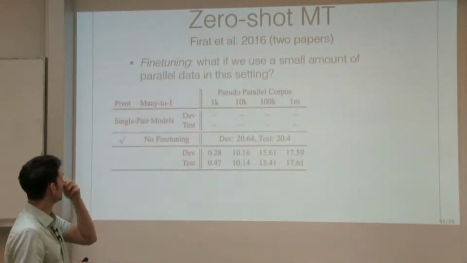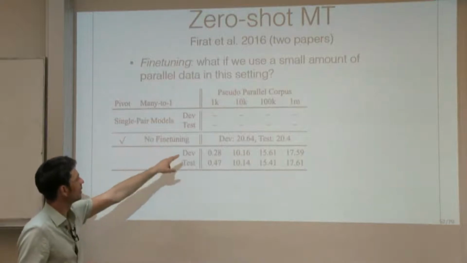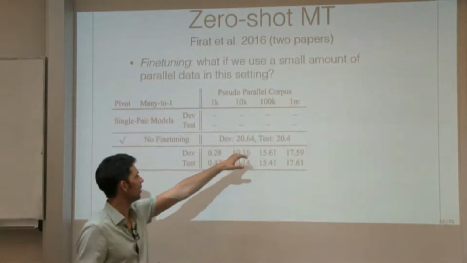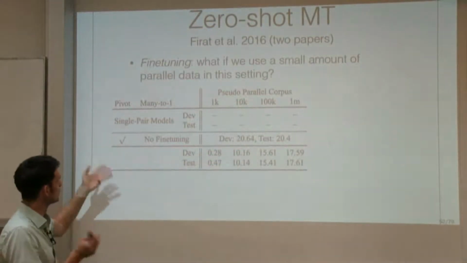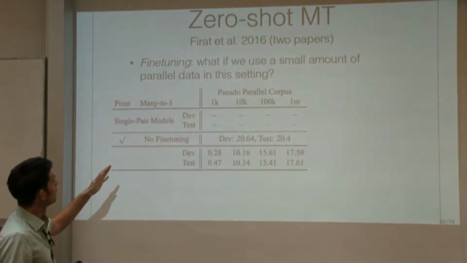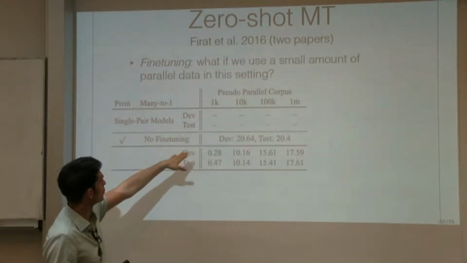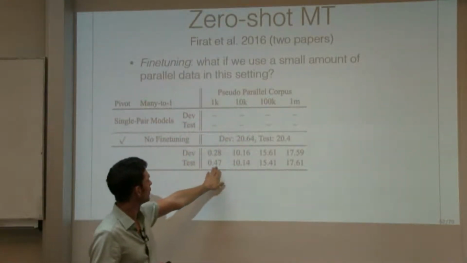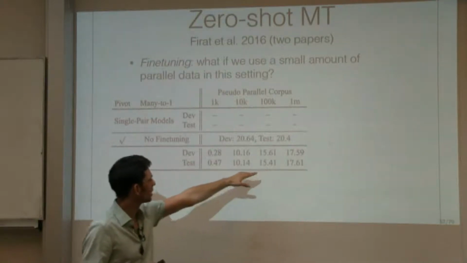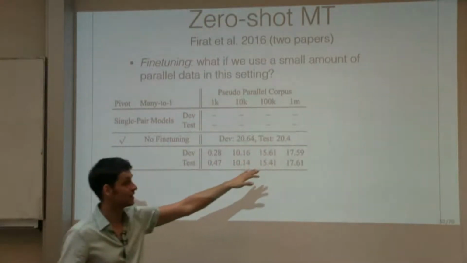So what will the results be? If we use pivoting and no fine-tuning, then the scores are around 20, so it performs reasonably well. Then if we use the synthetic parallel corpus, the pseudo parallel corpus, then depending on its size, the BLEU score can go up to 17, so it is worse than the pivoting.